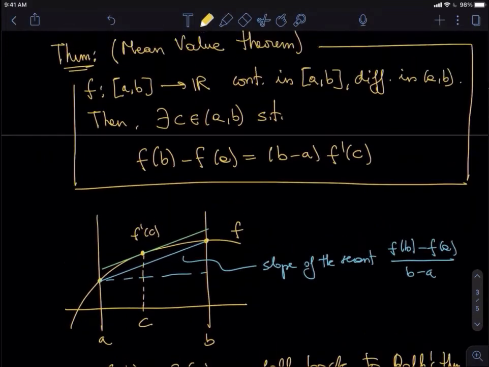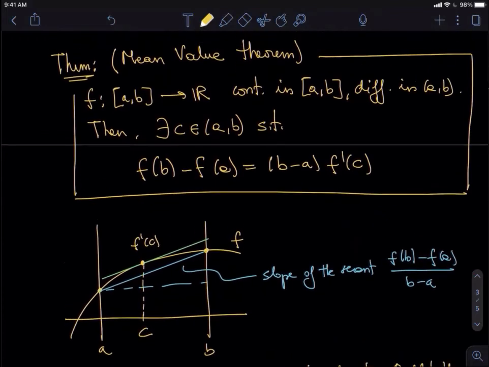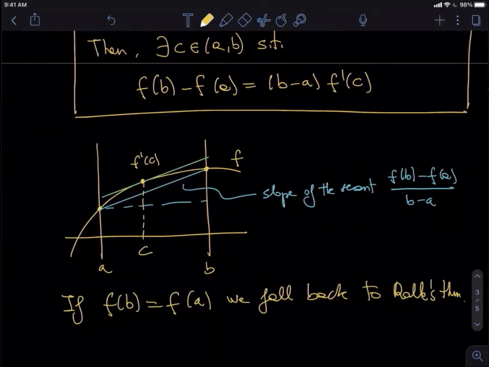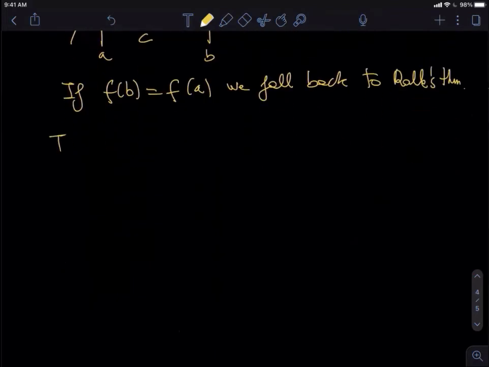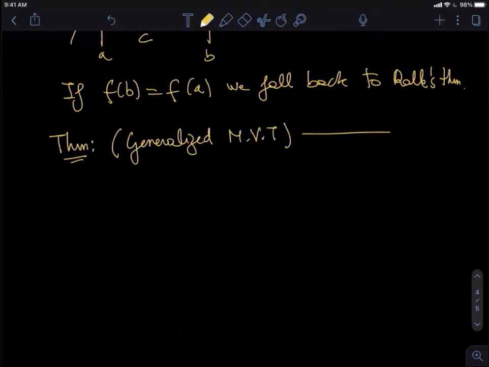But instead of proving this theorem, I'm going to show a generalized mean value theorem. Sometimes it's called Cauchy's mean value theorem. So what does this one say? For this one, we have two continuous functions.